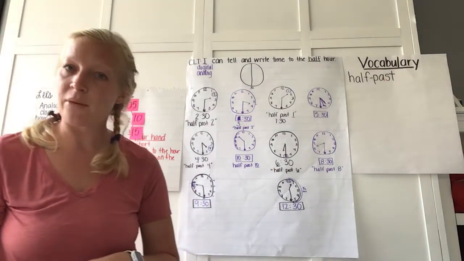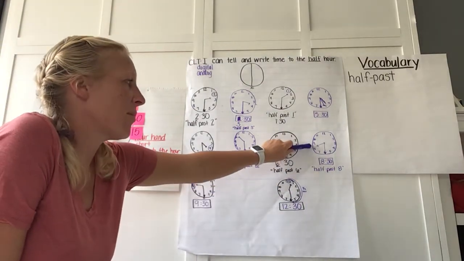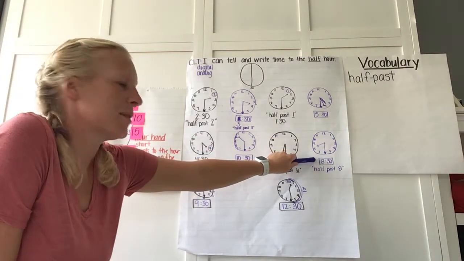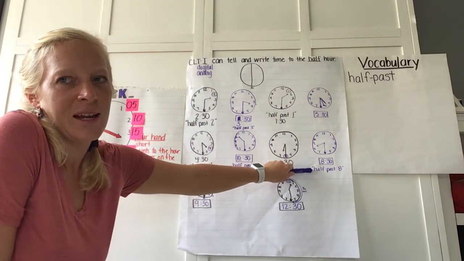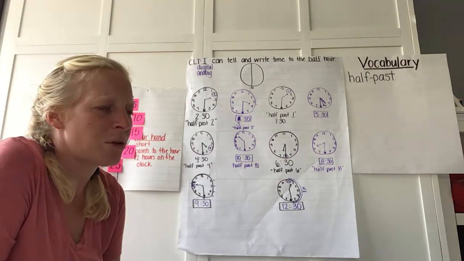Who is correct? Eloise says that this time right here is 8:30. And Addie says, it's half past 8. Who's correct? I want you to write in your journals.